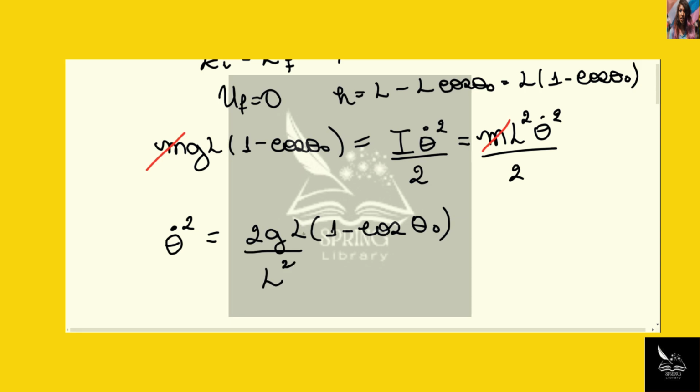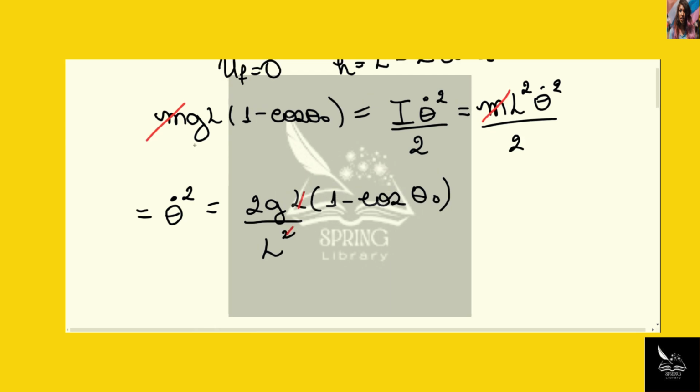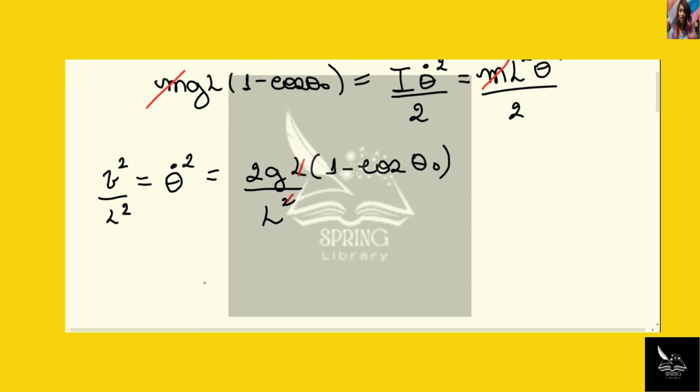We can cancel out L with L squared, and we can rewrite the angular velocity in terms of the linear velocity, which is the quantity that we want to find. So this is V squared divided by L squared. Now, taking the square root, V is going to be L times the square root of this term.